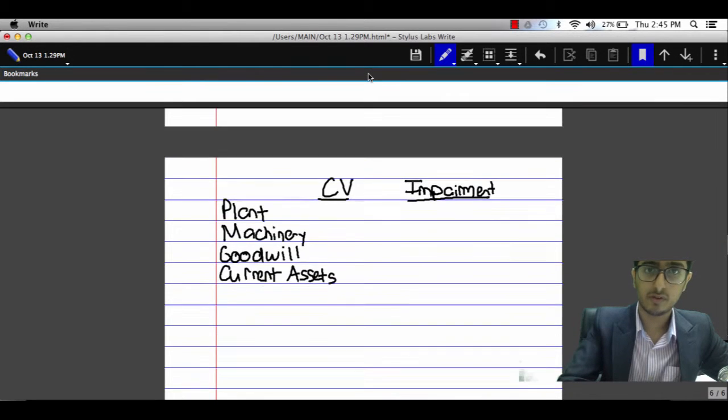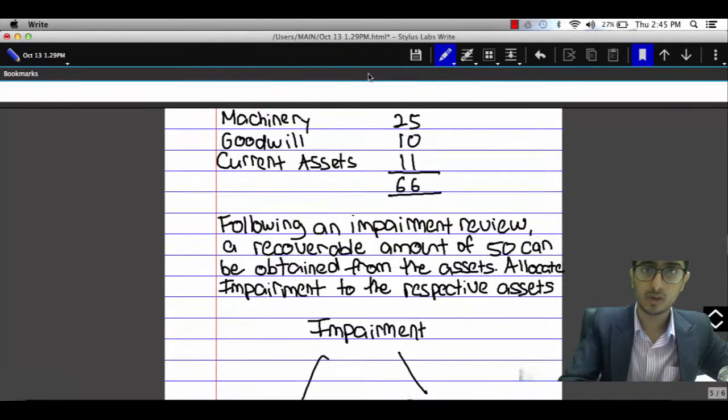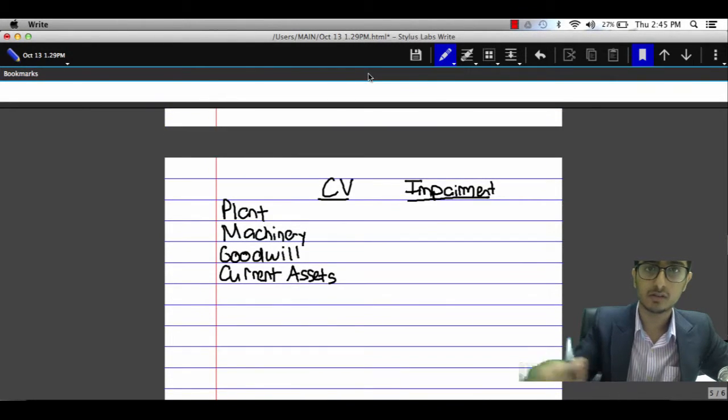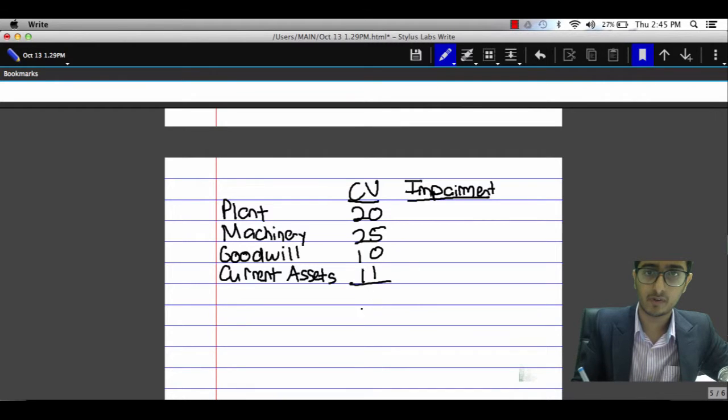Now, how much is the value? We have 20, 25, 10, and 11. We have a total carrying value of 66. Now, I know that actually I have to allocate an impairment of 16, based on our calculation above.